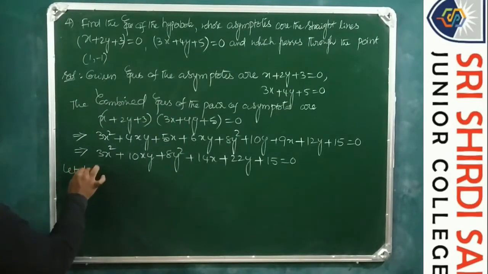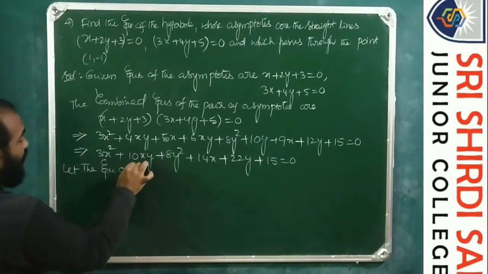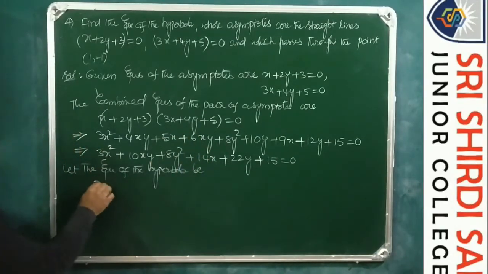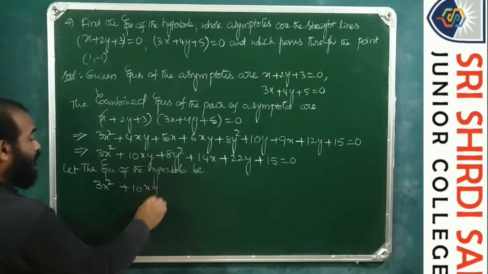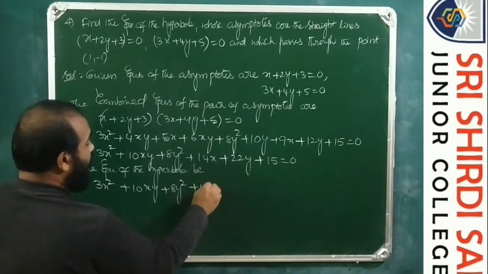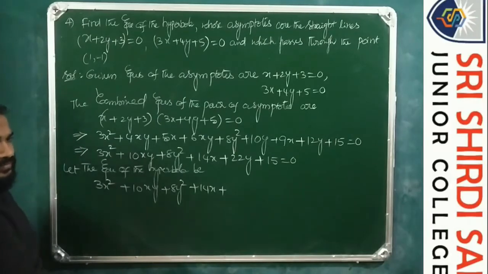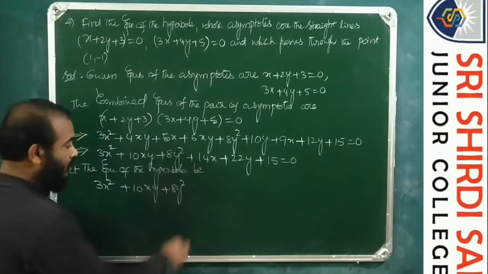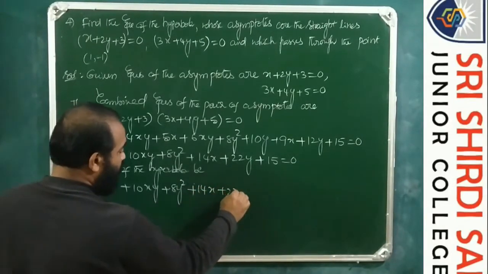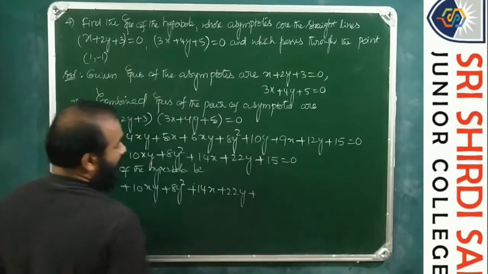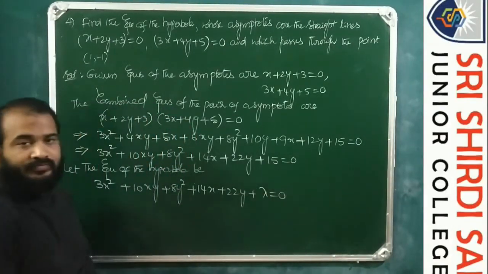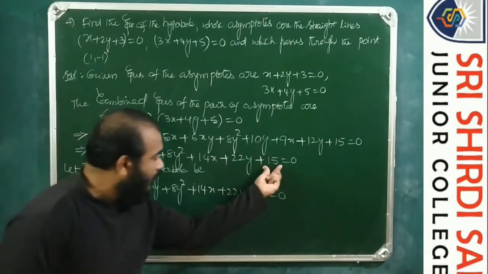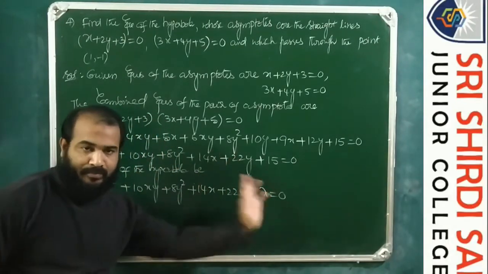So let the equation of the hyperbola be 3x square plus 10xy plus 8y square plus 14x plus 22y plus lambda is equal to 0, because the equation of the asymptotes and the equation of the hyperbola differ by a constant. Everything else remains the same.